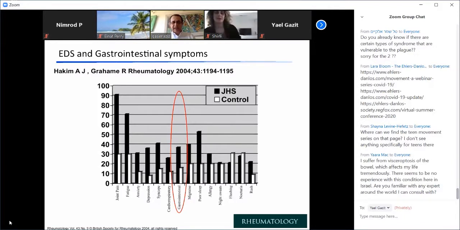We ourselves have done quite a lot of research and demonstrated that patients with hypermobile EDS, HSD, experience a whole range of gastrointestinal symptoms related to the entire gastrointestinal tract. Some have more upper tummy symptoms, some have more lower tummy symptoms, like bowel symptoms, etc. And some have the entire combination of upper and lower gut related symptoms.